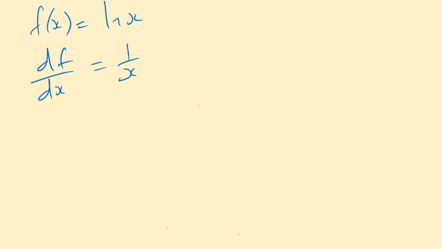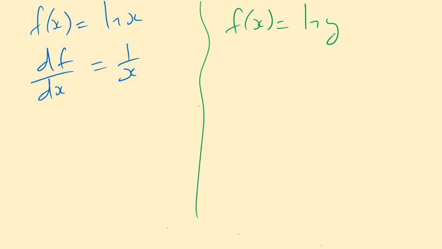We know that if f of x is equal to ln x, what's the derivative? We know that df dx is 1 over x. We learned this. Pretty straightforward. But what if f of x is equal to ln y? Think about that very carefully. What is df dx equal to?